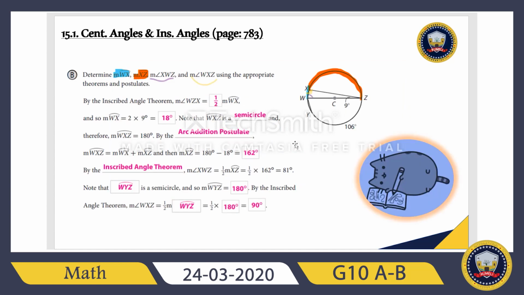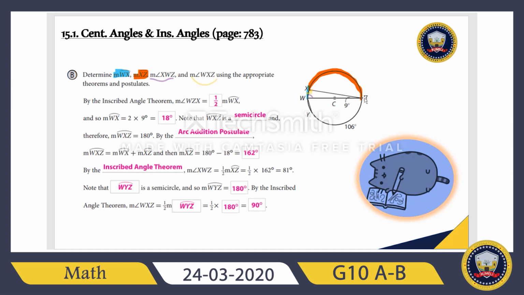Let's find the measure of the arc WX, this one here, and the measure of XZ, which is this one, and the measure of the angle XWZ, which is marked here, and the measure of the angle WXZ.